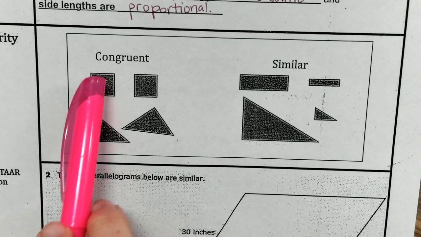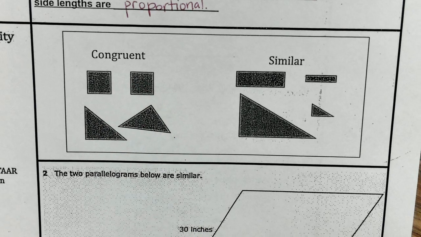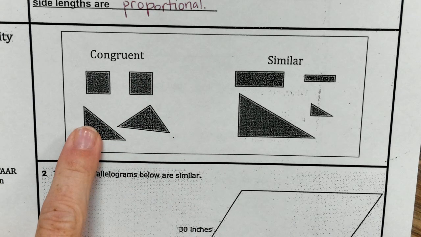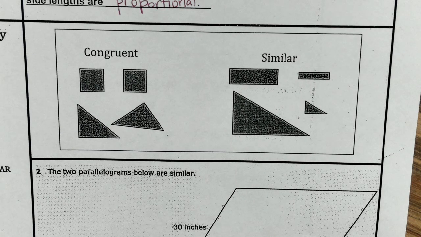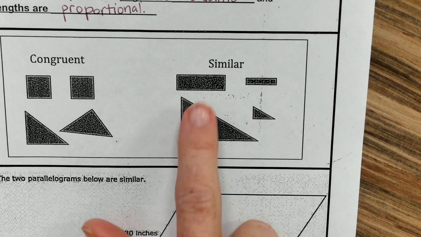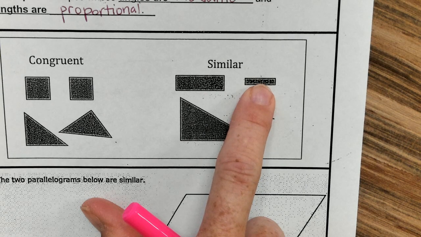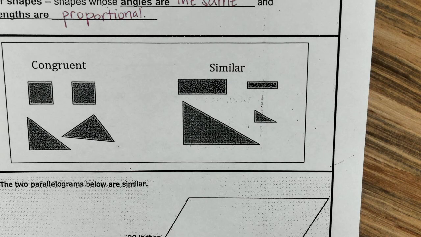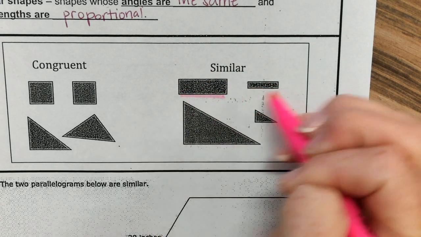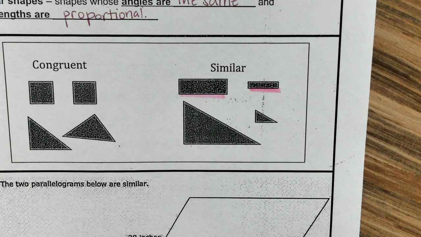Congruent, they took the square, they cloned it, it's the exact same square. This triangle is congruent, meaning it's the exact same thing, they just rotated it. Okay? Similar, everybody look at this rectangle. Does that rectangle look almost identical? Yes, everything is proportional to it. This side corresponds with that side. Yes?